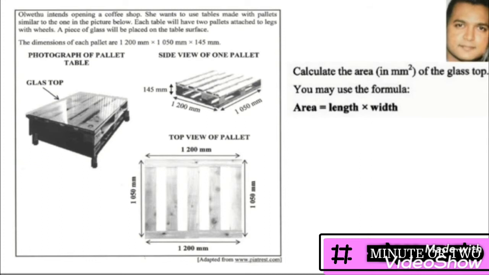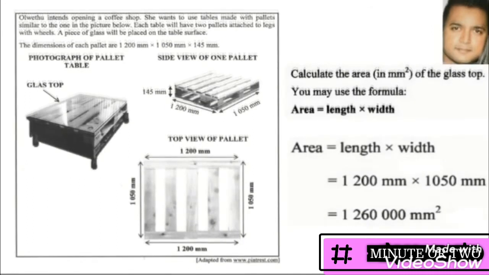Calculate the area in millimeters squared of the glass top. You may use the formula area is equal to length times width. Now you must know that width is also called the breadth. We are required to substitute into the formula. So looking at our given information, we see that the length is 1200 millimeter, the breadth is 1050 millimeter.